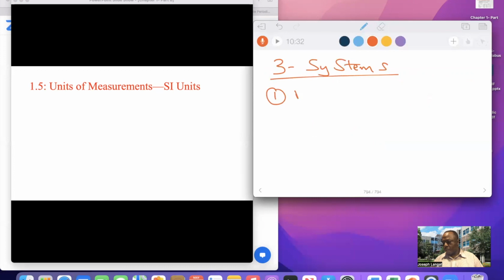This is the metric system, which we use in school. In the lab, we use the metric system for the most part.